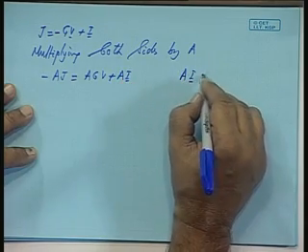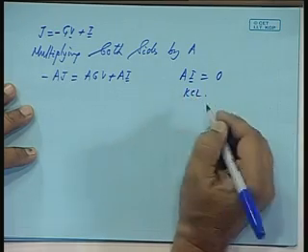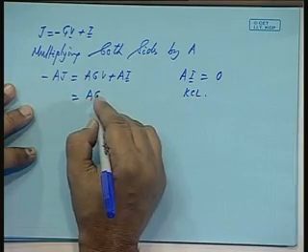We have proved earlier, it is equal to 0 by KCL. So, it is A G V.